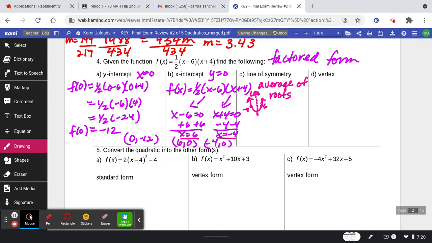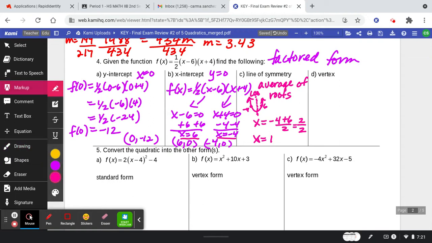So by taking the average, we find the middle. So this line of symmetry, which is an x equals vertical line, is going to be negative 4 plus 6 over 2, or just 2 over 2. And so the equation of my line of symmetry is just x equals 1.